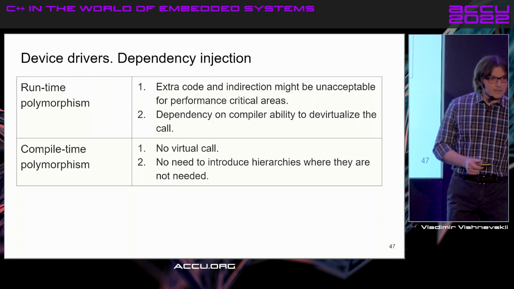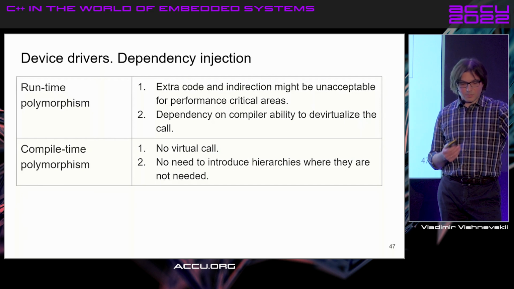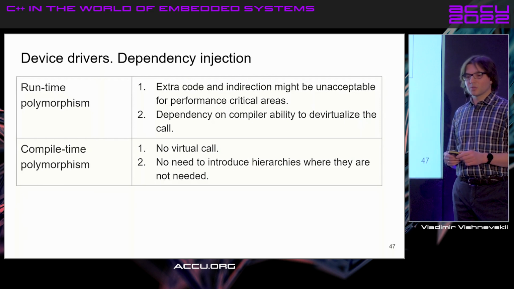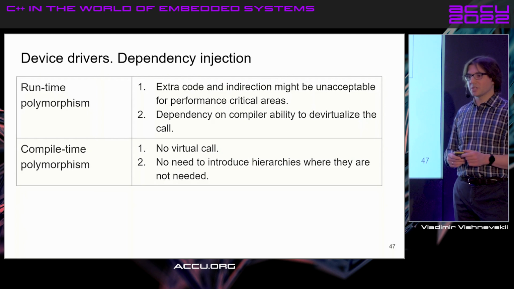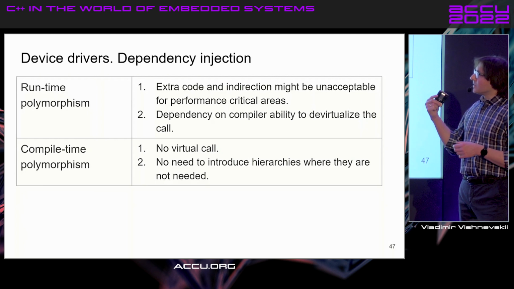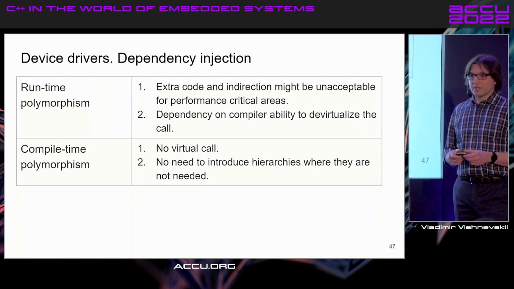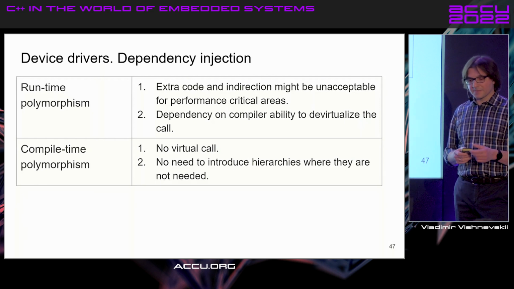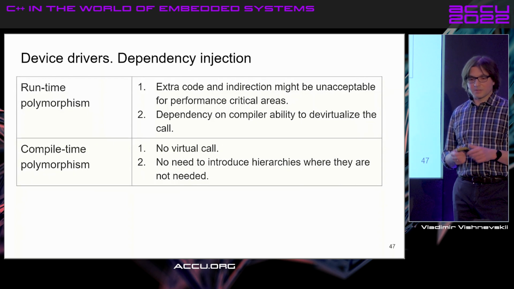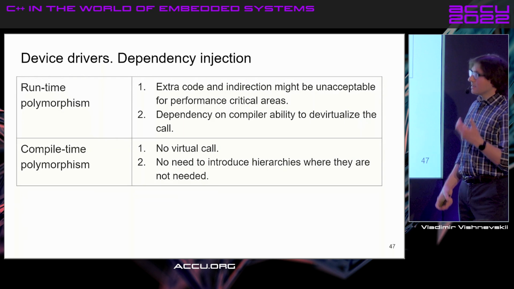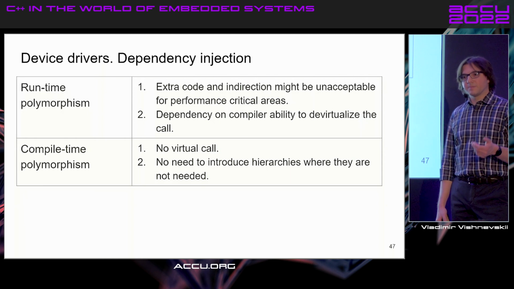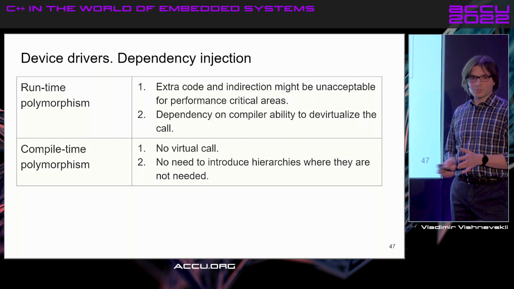Here I just wanted to remark that for embedded, it is quite important that we do not introduce extra overhead. When we are designing code and considering dependency injection, it's important to take into consideration that our two primary approaches, runtime polymorphism and compile time polymorphism, have their specifics. Especially with runtime polymorphism, we limit ourselves by introducing the virtual call, and we become dependent on the compiler's ability to devirtualize.